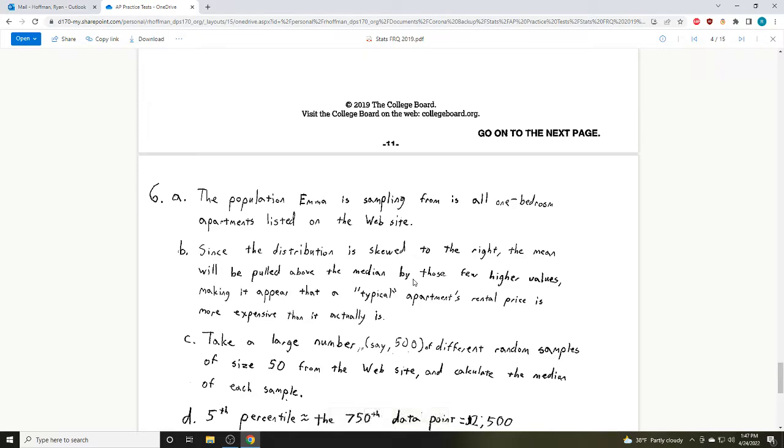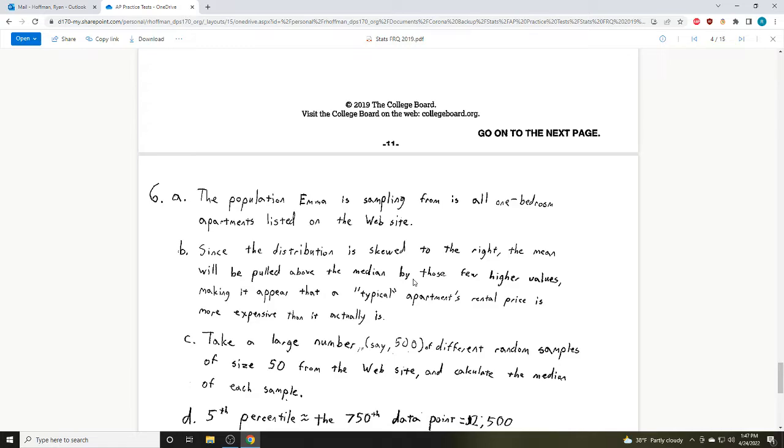So then they approximated that process and found all these different medians and asked you to find the 5th percentile and the 95th percentile. Again, percentiles are percent of the values that are below that amount. So if I want the 5th percentile, I want 5% of the values to be below it, which means that it's going to be at the 750th data point.